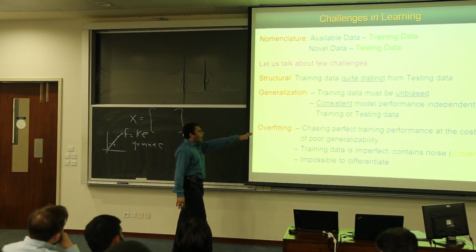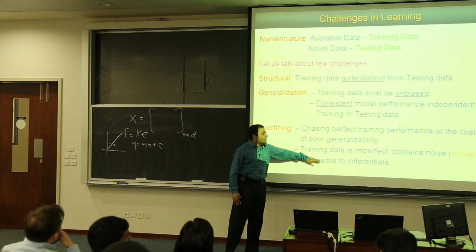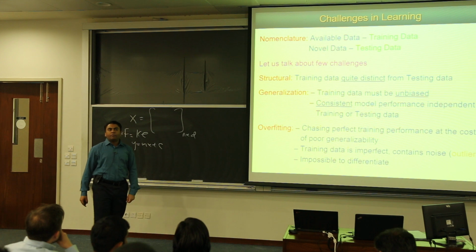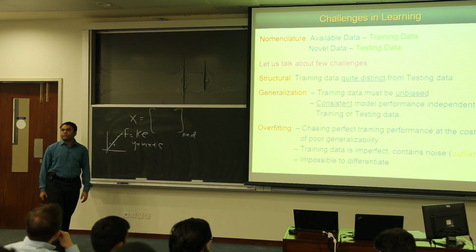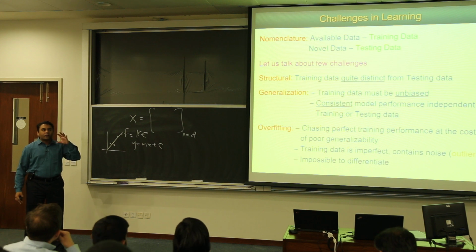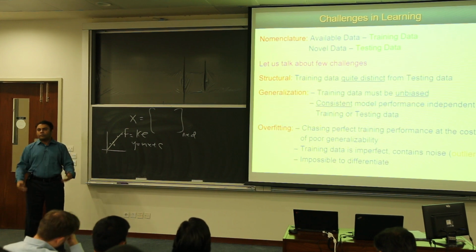The reason we can hurt ourselves this way is because the training data is noisy. There is noise, there are perturbations. There could be some non-physiological changes or disturbances that I am actually fitting through the model, whereas my model should reject that because it is contaminating my data. It's not adding any value to my data.